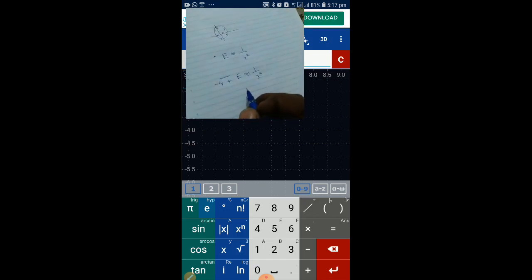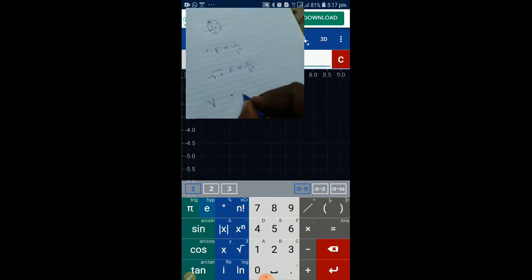For an electric dipole, minus q and plus q, E is directly proportional to 1 by r cube. I am just recollecting those things. And for the electric potential V, for a point charge, V is directly proportional to 1 by r. And for the electric dipole, V is directly proportional to 1 by r square.